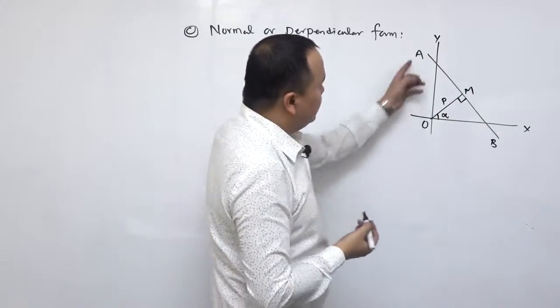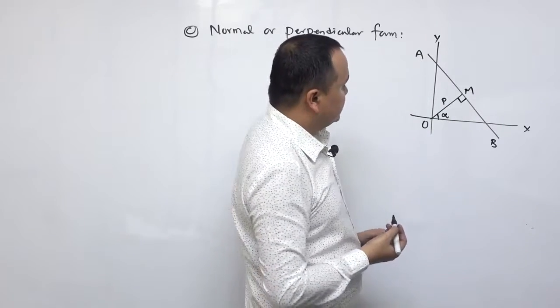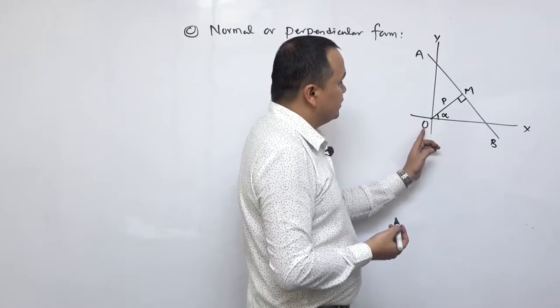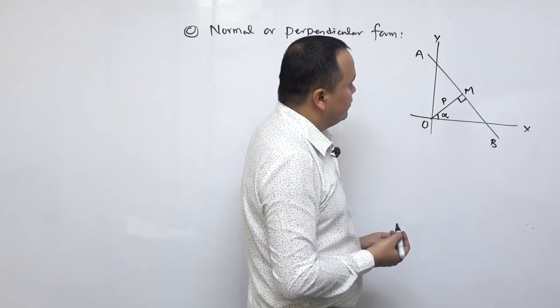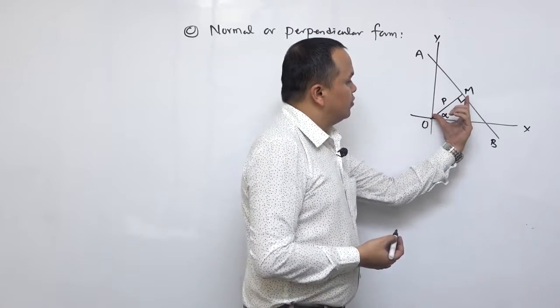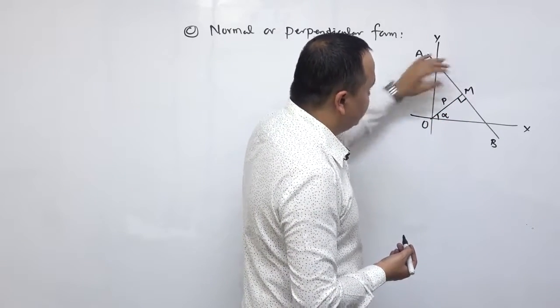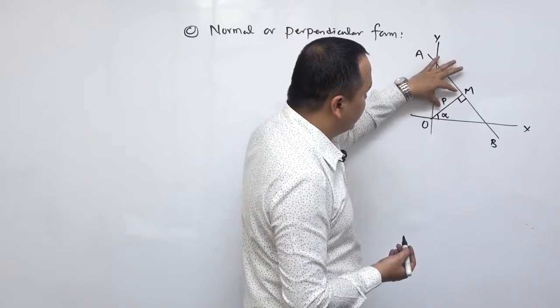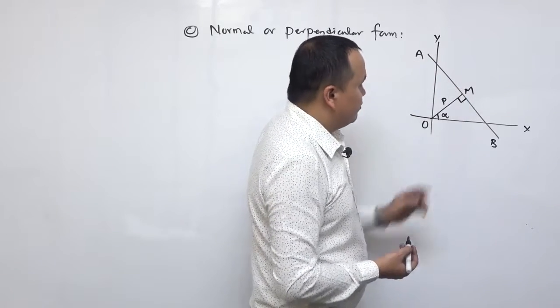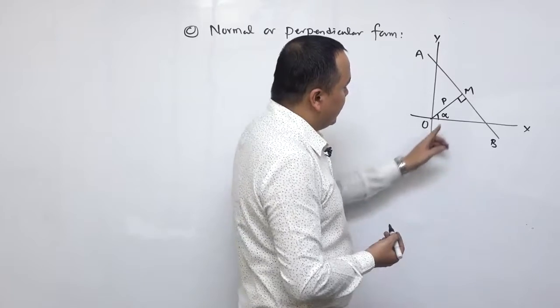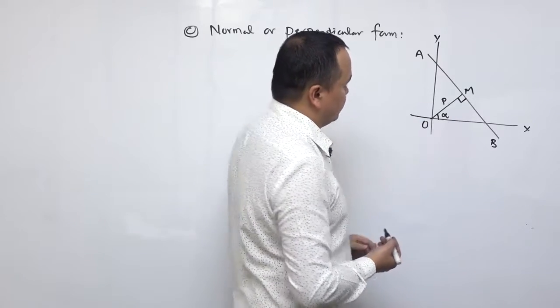Here AB is the straight line such that the length of the perpendicular from the origin on the straight line AB is OM, which is denoted by P. The length of OM is P, and OM makes an angle alpha with the positive x-axis.